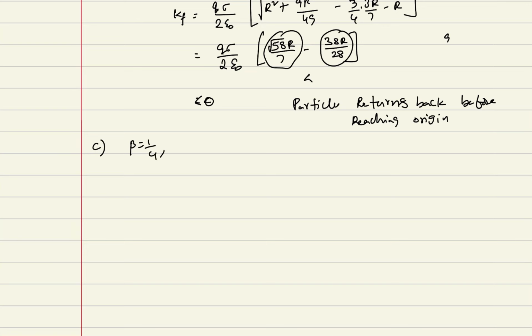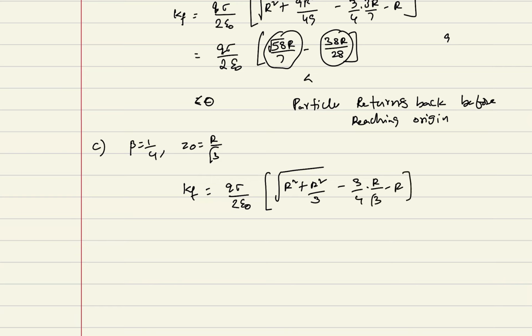Now apply 1 by 4 and r by root 3. Option C: beta is equal to 1 by 4 and z naught is equal to r by root 3. Again you calculate K f is equal to q sigma by 2 epsilon naught into root of r square plus r square by 3, minus 3 by 4 into z value r by root 3, minus r.